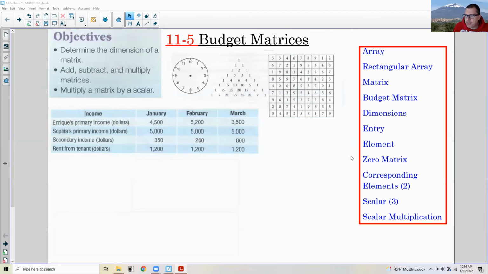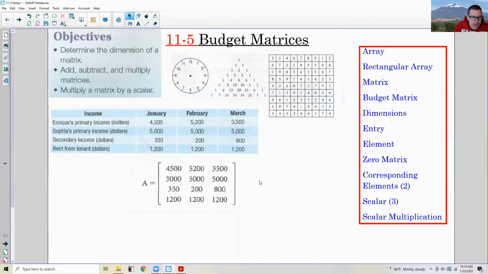So what is a matrix? Well, it's a special type of rectangular array, but it's not going to have any of these words or categories. It's just going to have the numbers. So here is an example of a matrix. All they did was say A equals, and notice the 4,500 goes here, 5,000 is here, 350 is here, 1,200 is here.